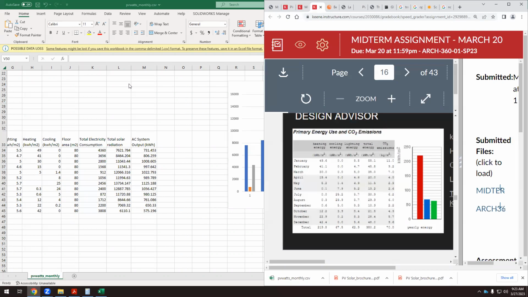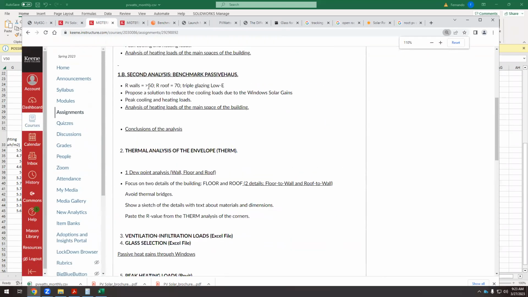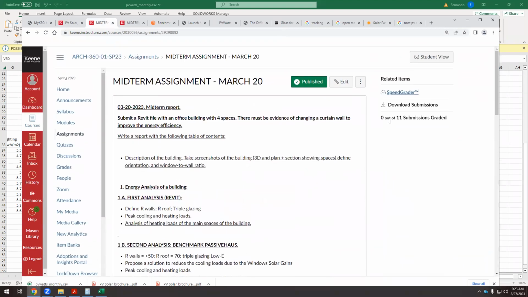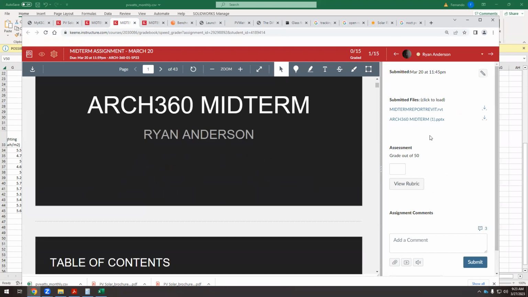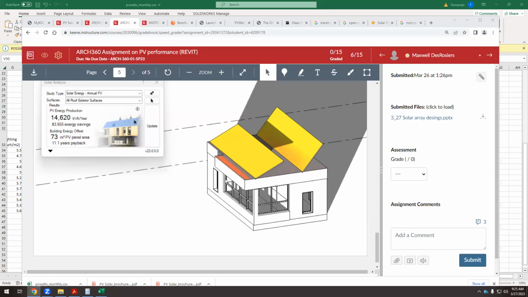So if we try to use all the area that we have available, with this roof area, this is what we have analyzed, 73 square meters.